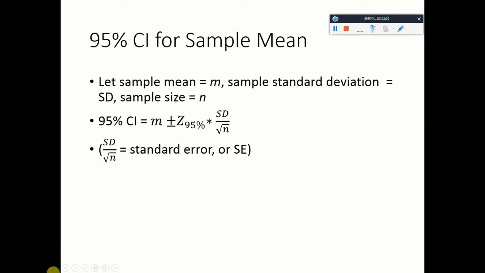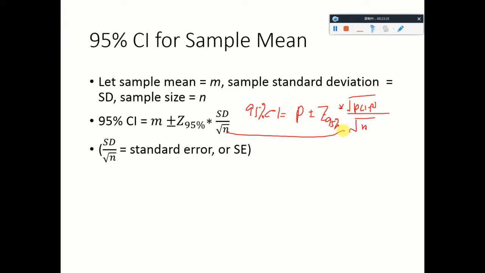So this is very much like the 95% confidence interval for sample proportions, right? The sample proportion plus or minus the z-score associated with the 95% confidence level times the ratio here. So the only difference is that the standard errors are different.